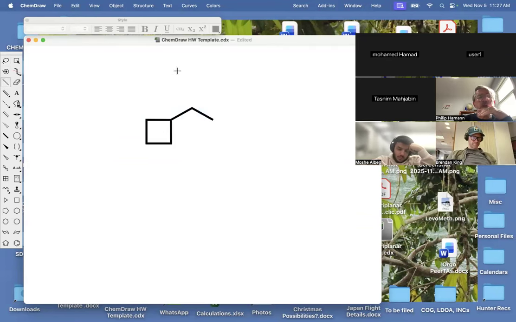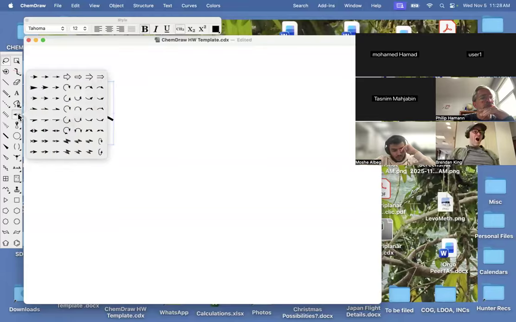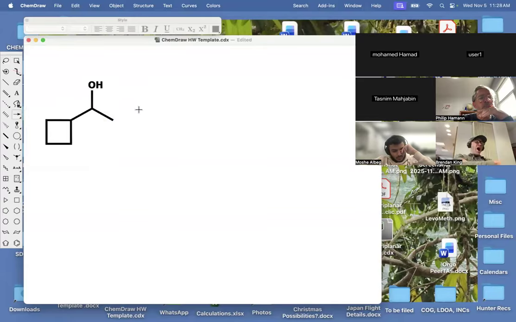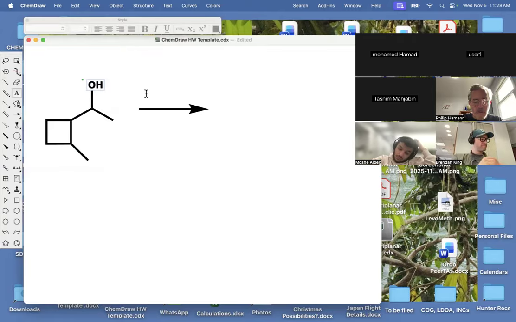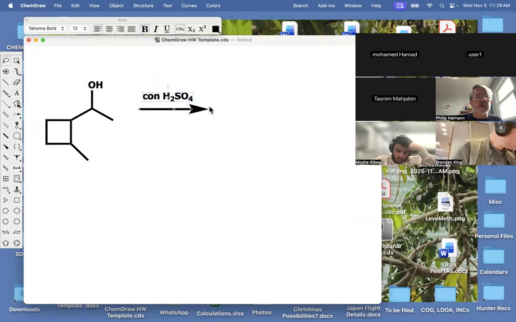Okay, let's do an example we haven't done. Let's put something on the ring to make it more interesting. Okay, excuse me while I mumble at ChemDraw.